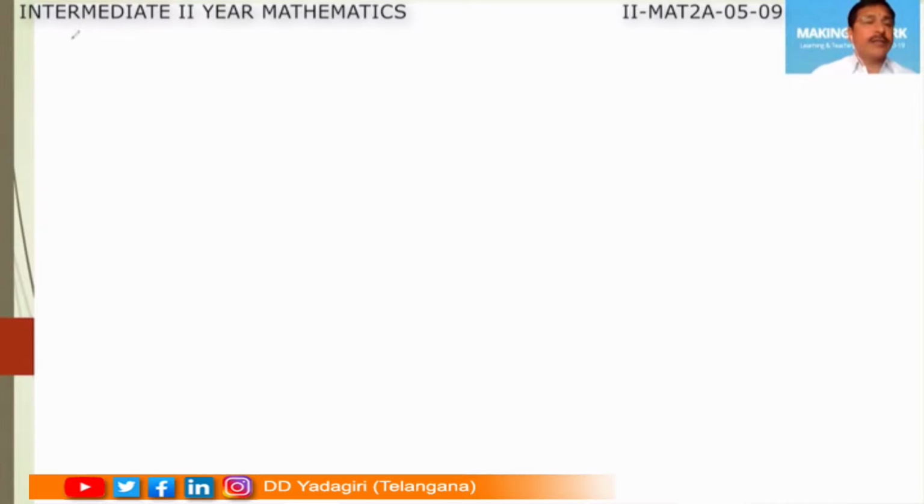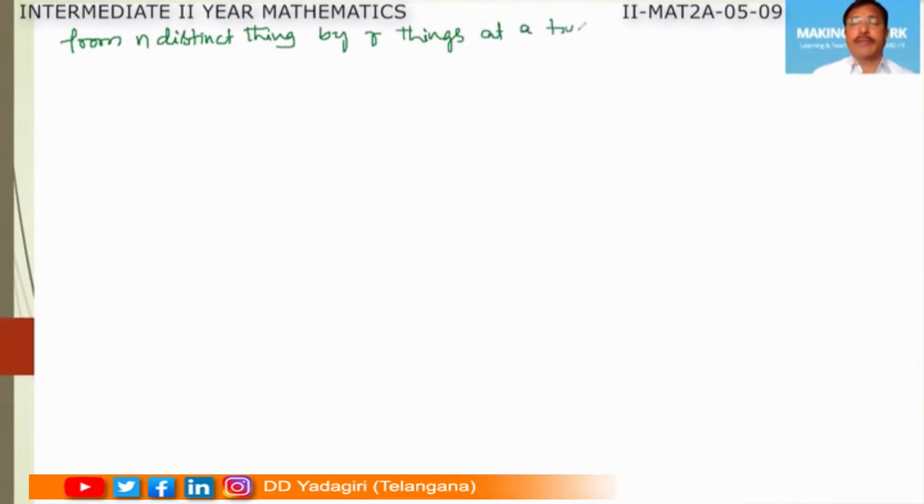So we have learned that from n distinct things, by taking r things at a time, the number of combinations that can be made is equal to nCr.